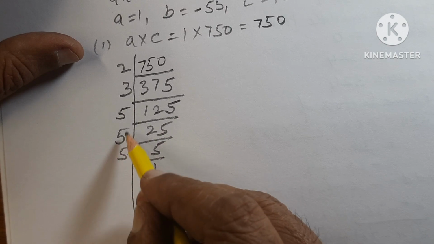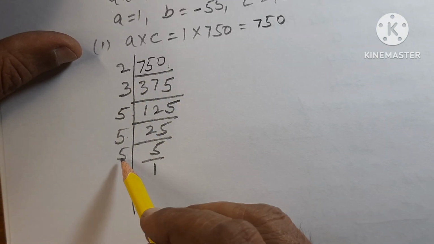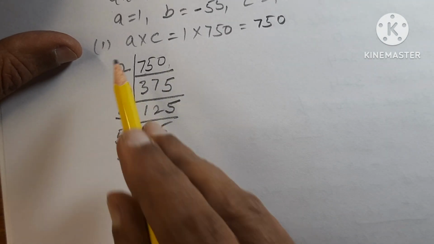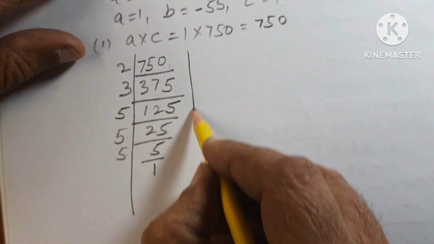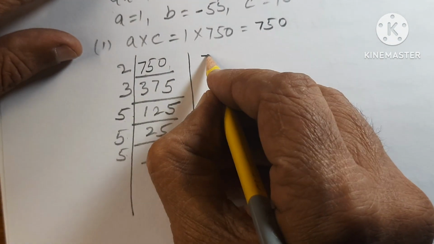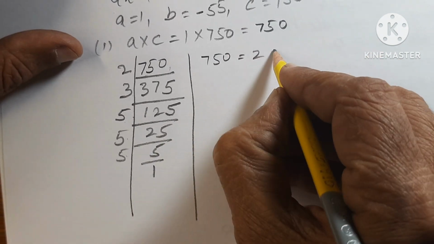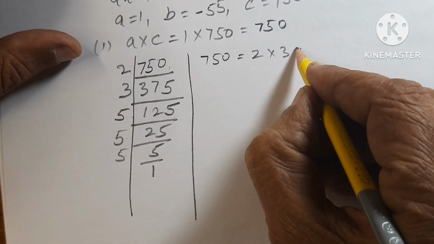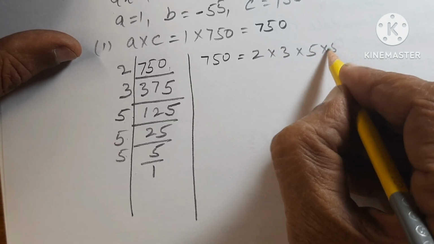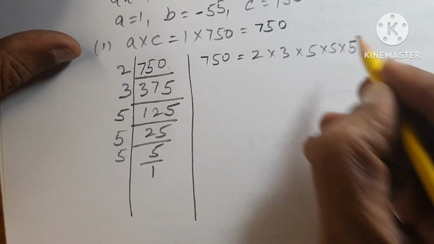So the prime factors of 750 are 5, 5, 5, 3 and 2. That means 750 is equal to 2 into 3 into 5 into 5 into 5.